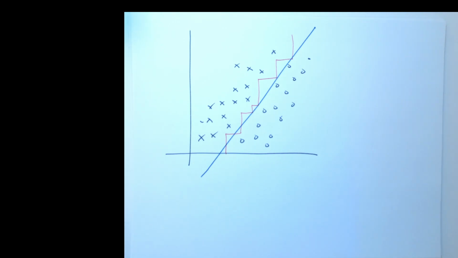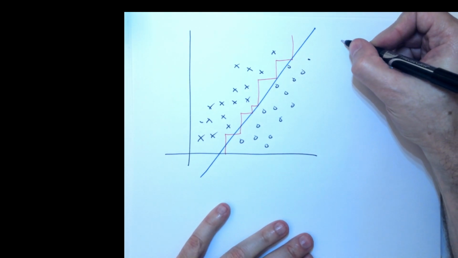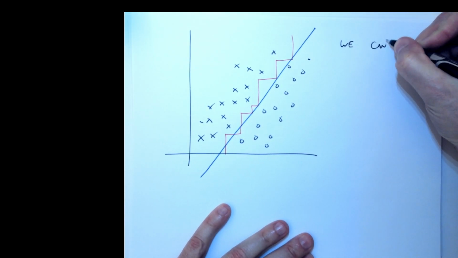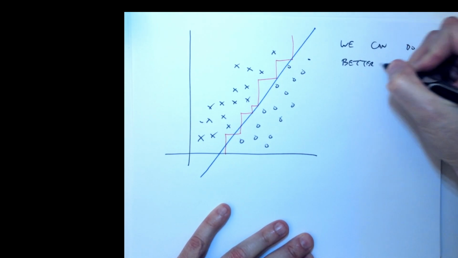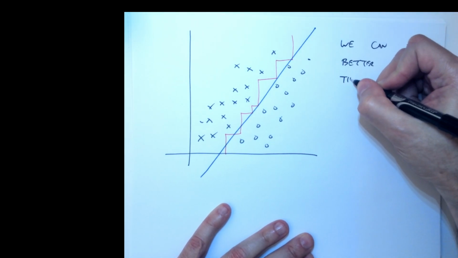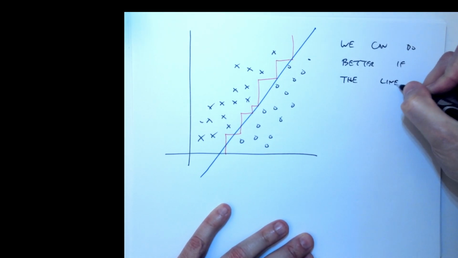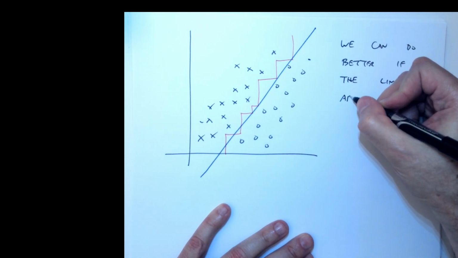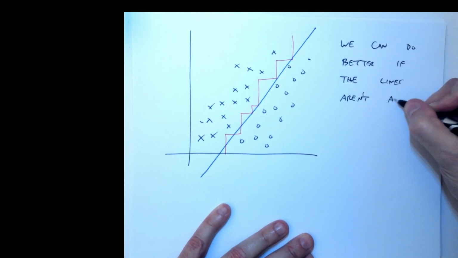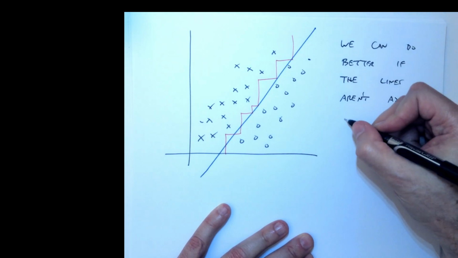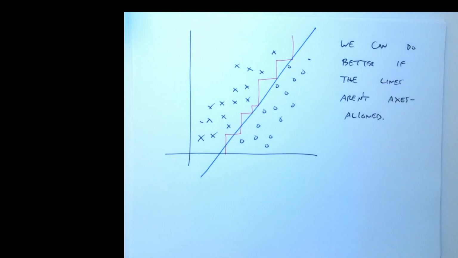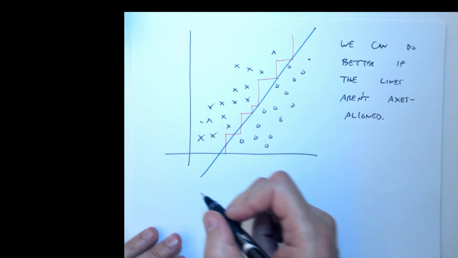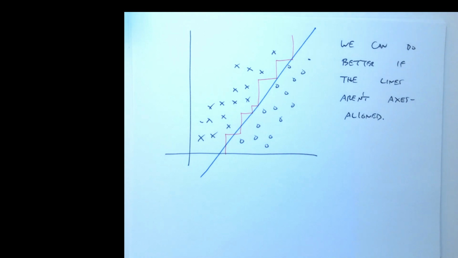So we could do better if the lines aren't axis aligned. One possibility is I could pre-process the data set by doing PCA.